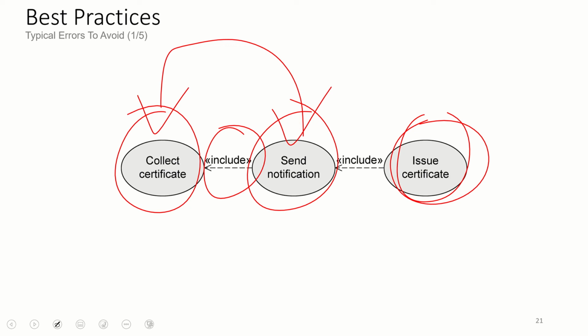As we said last week, the use case diagram cannot present use cases in order, in time sequence or workflow. So this is a bad example.